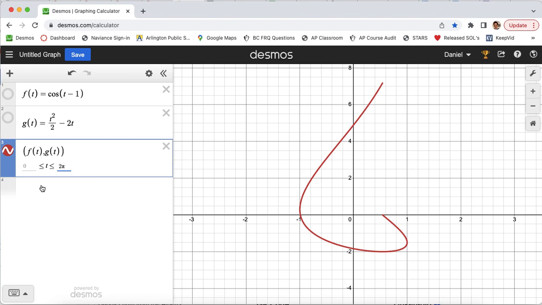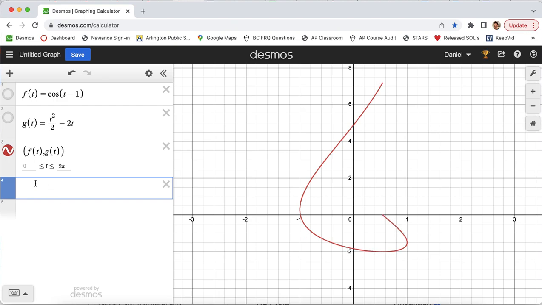And at the same time, I also really like being able to see what's happening at any moment in time. The problem with this graph is this shows me the path that the coordinate makes as time goes by. It doesn't really show me what's happening. For all I know, the graph starts up here and moves down along this way. Or maybe it started here and went this way and then came back. I don't know.